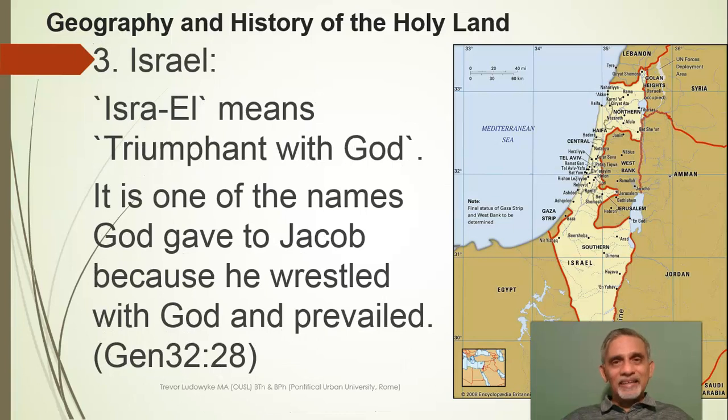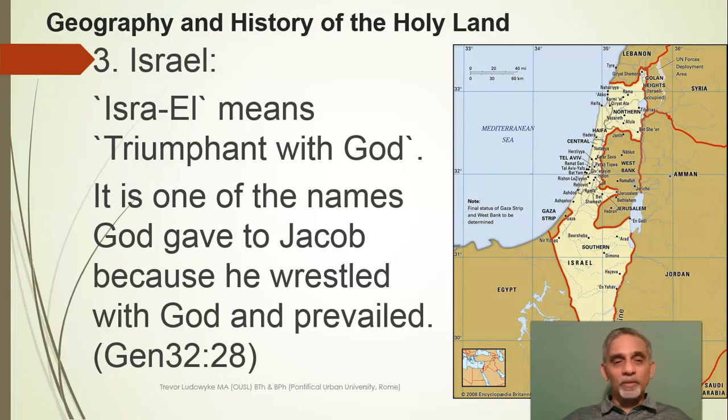The third title for Holy Land is Israel. Now the etymology of the word Israel is that it means triumphant with God. The name was given by God to Jacob.